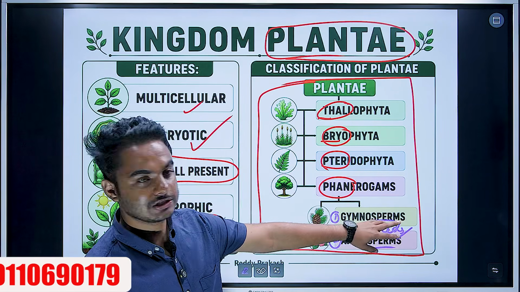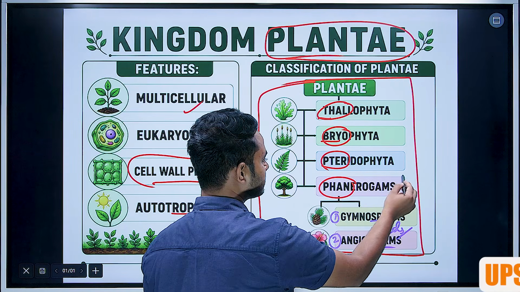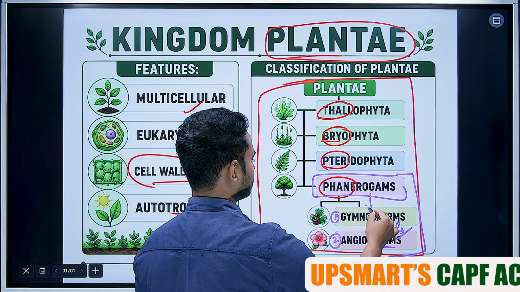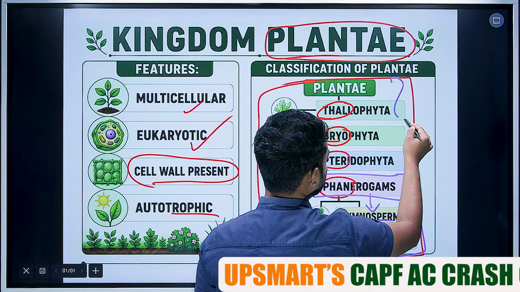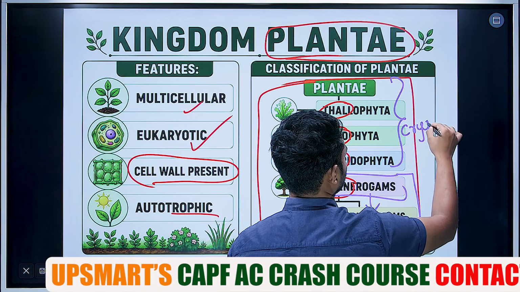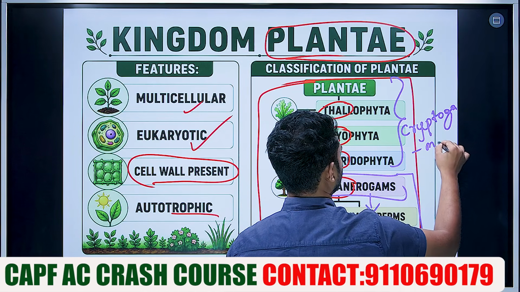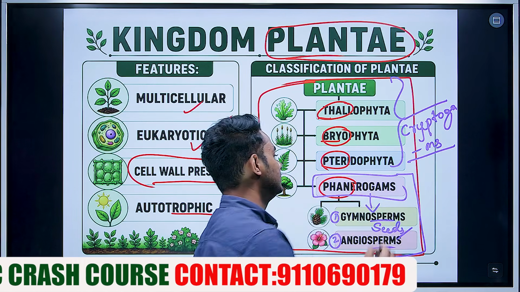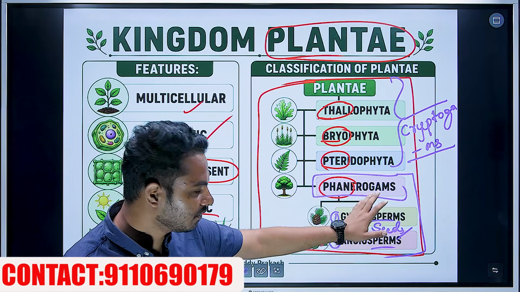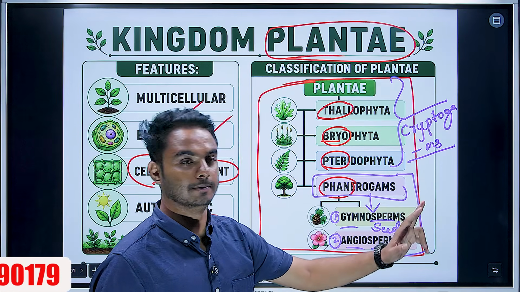I'll give the differentiation of both of them, which is very important for the examination. Holistically, these are called phanerogams, and these three together are called cryptogams. The other one is called phanerogams.